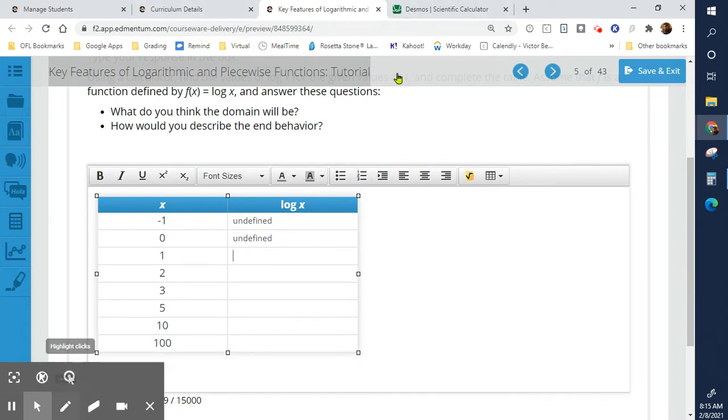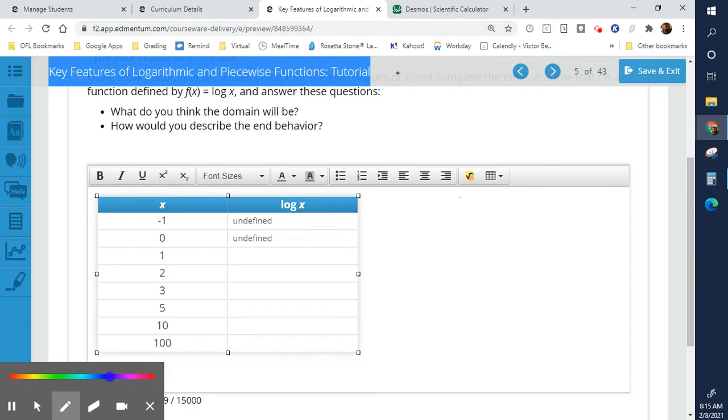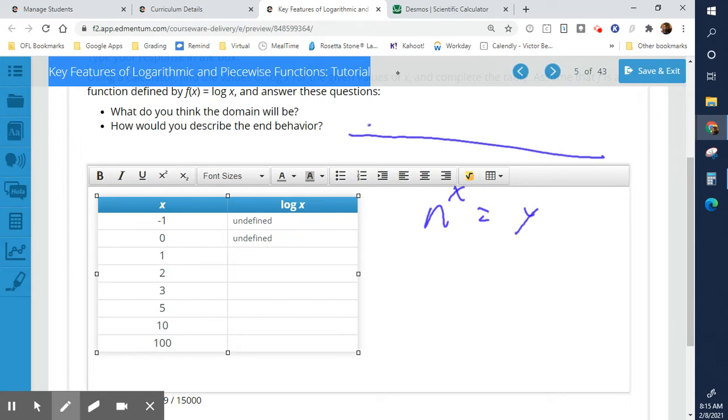And the reason why it can't happen is because let's talk about our exponents. So an exponential, x to some power equals y. Remember how I said in a graph, this can never be negative. The reason it can never be negative is because this power, we're saying 10 to the x.